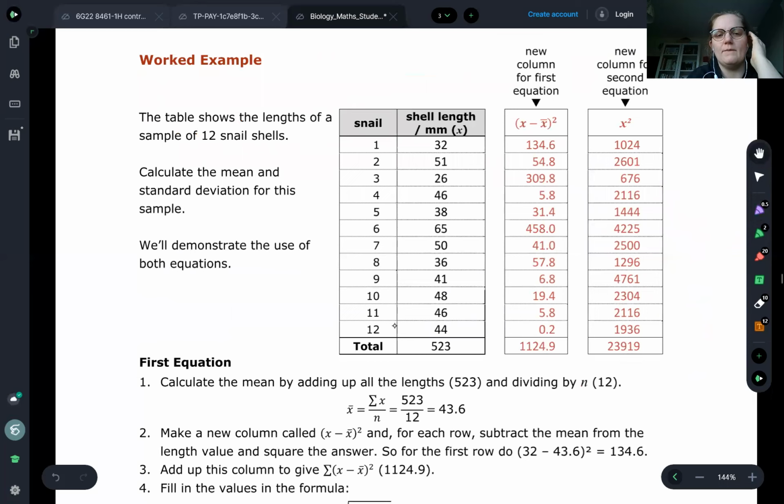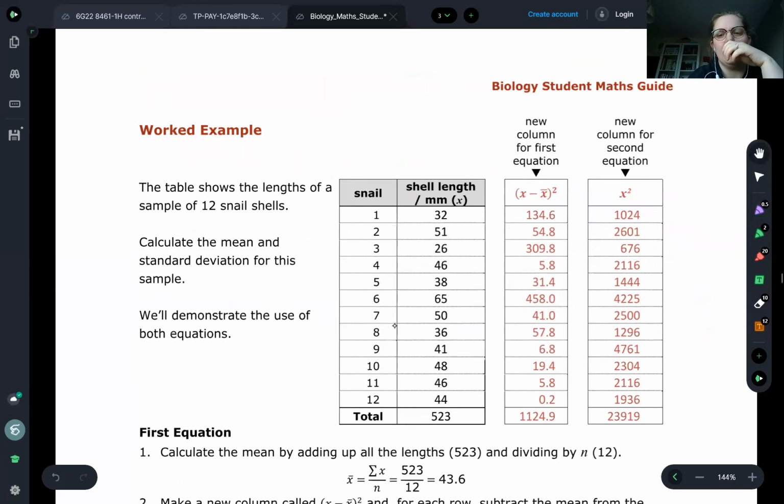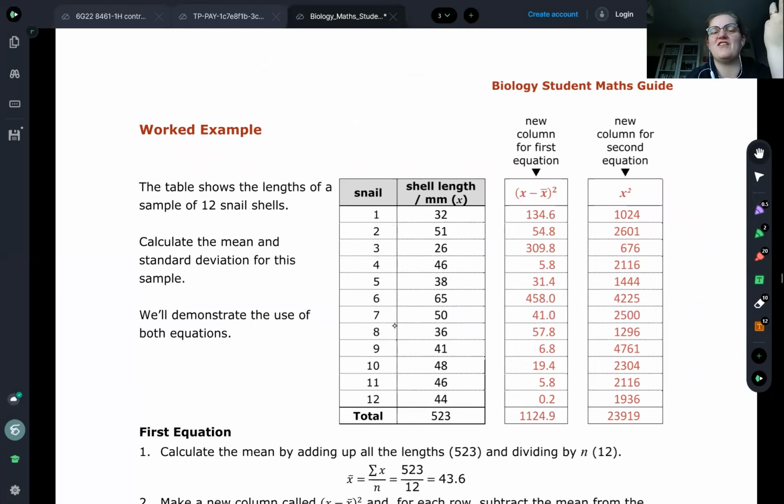So here's a really quick example. We've got a table here of lengths of snail shells. We've got 12 snail shells and their shell length. You're asked to calculate the mean and the standard deviation for this sample. There are two ways we can do this.